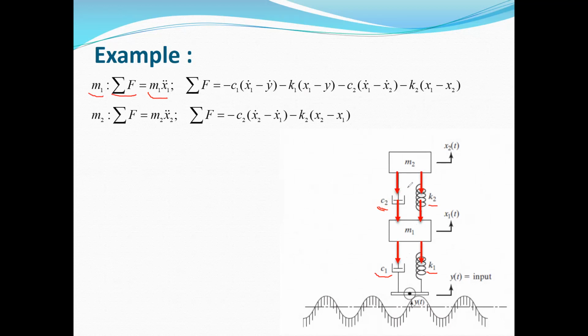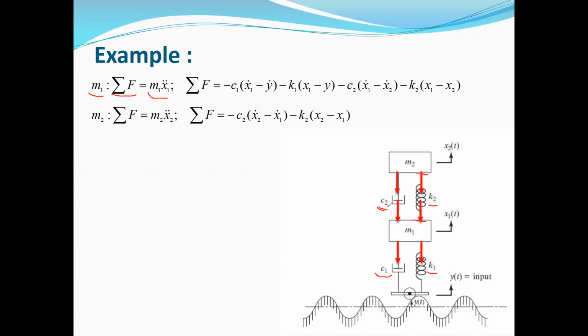As I told you, all of the springs have a movable edge. K2 is subjected to the motion of x1 in one edge, and the other edge is moving by x2, so the force in K2 is equal to K2 times (x1 minus x2) or (x2 minus x1). It depends on the direction of the force.